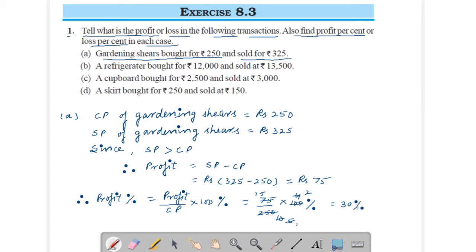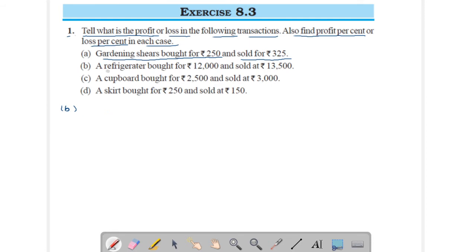Now come to second part. A refrigerator bought for rupees 12,000 sold at rupees 13,500. Here CP of refrigerator is rupees 12,000.